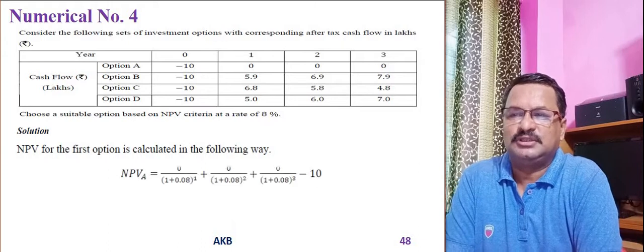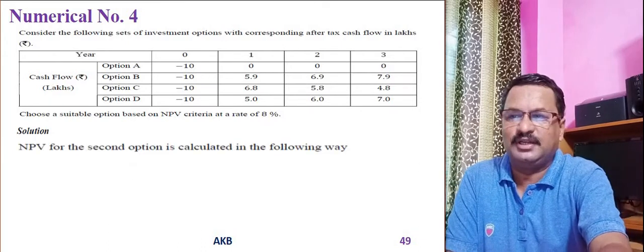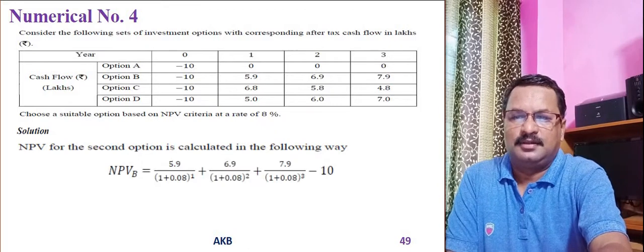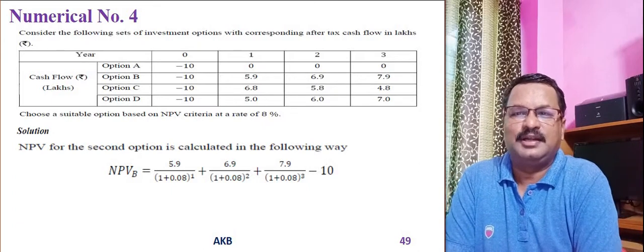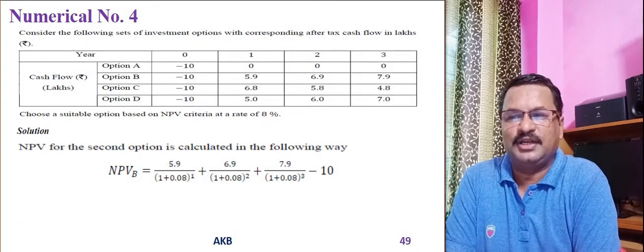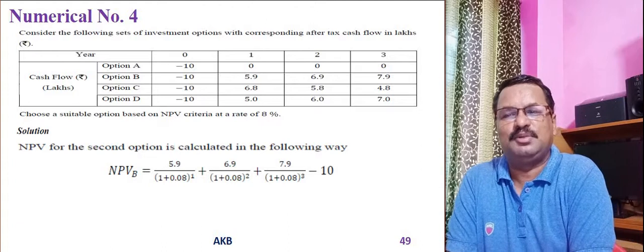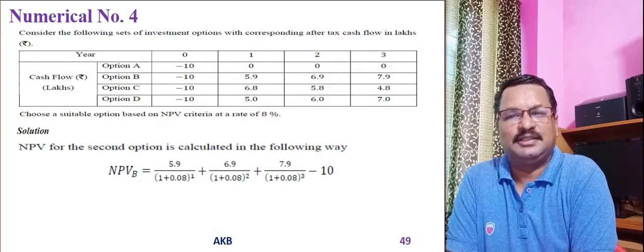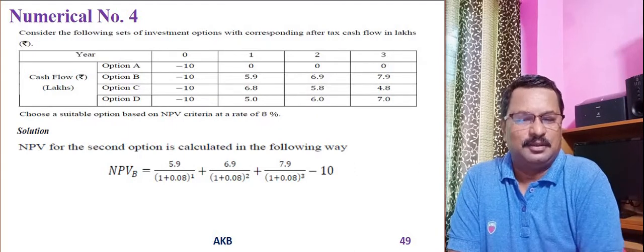The net present value for the second option is calculated in this way. Net present value for B will be 5.9 for first year, 5.9 divided by 1 plus 0.08 raised to 1, plus 6.9 for second year, 6.9 divided by 1 plus 0.08 raised to 2, plus 7.9 for the third year, so plus 7.9 divided by 1 plus 0.08 raised to 3 minus 10.